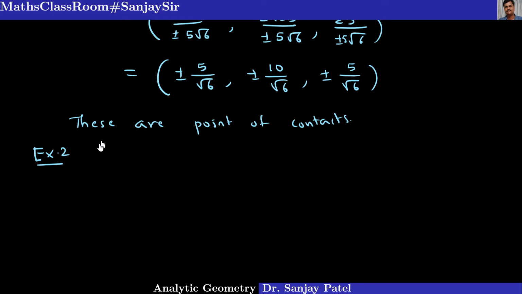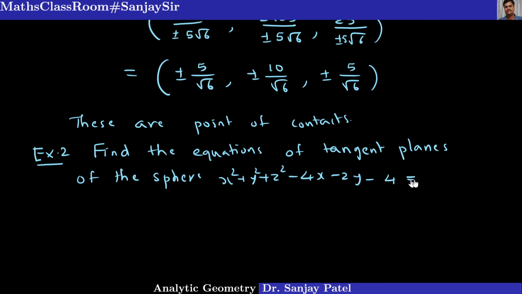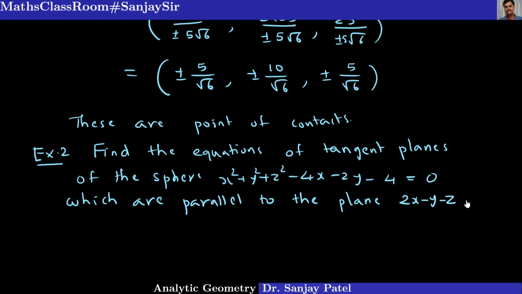So my question is: find the equations of the tangent planes of the sphere x square plus y square plus z square minus 4x minus 2y minus 4 equal to 0, which are parallel to the plane 2x minus y minus z is equal to 1.